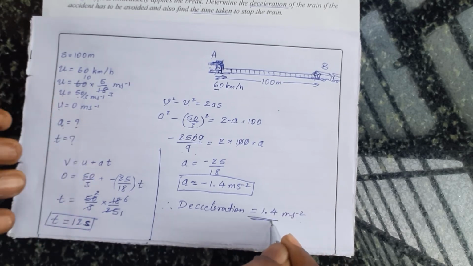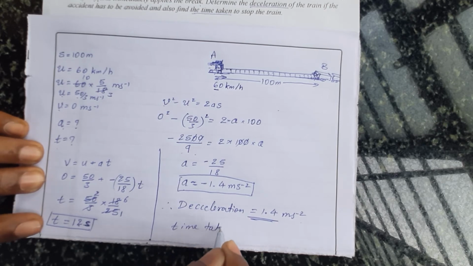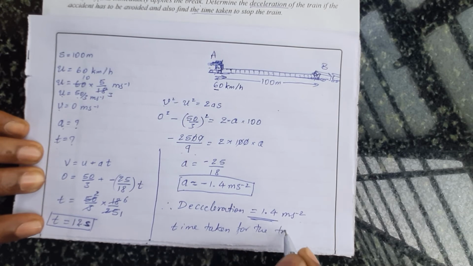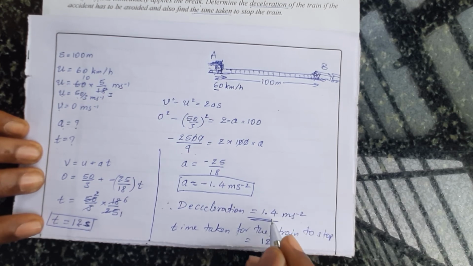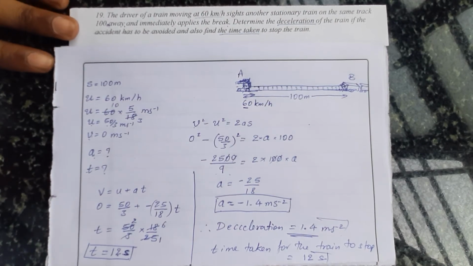This is the deceleration, and time taken for the train to stop is equal to 12 second. Okay, that's it. This is the solution for 18th question, sorry, 19th question.